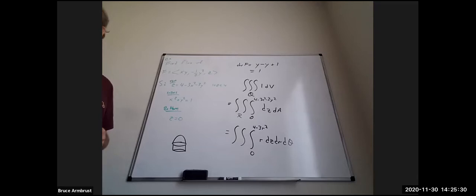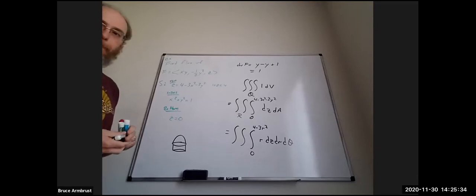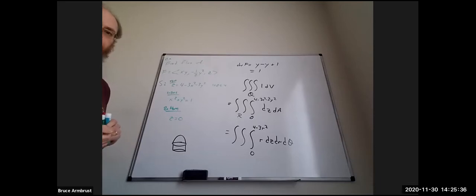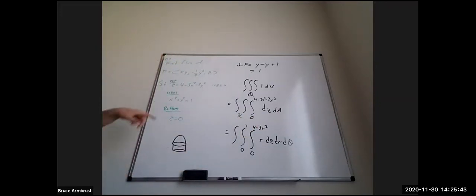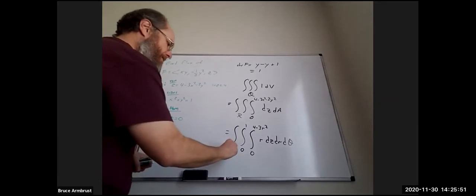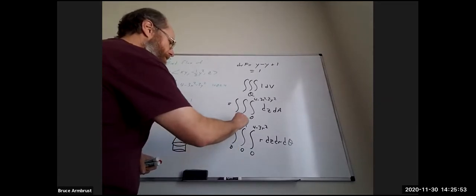So then what are the bounds on r and theta going to be? The r's are actually going to be from 0 to 1, because if we come back and look at the side, the side was x squared plus y squared equals 1. And then the thetas, thanks Victor, are going to be from 0 to 2 pi.